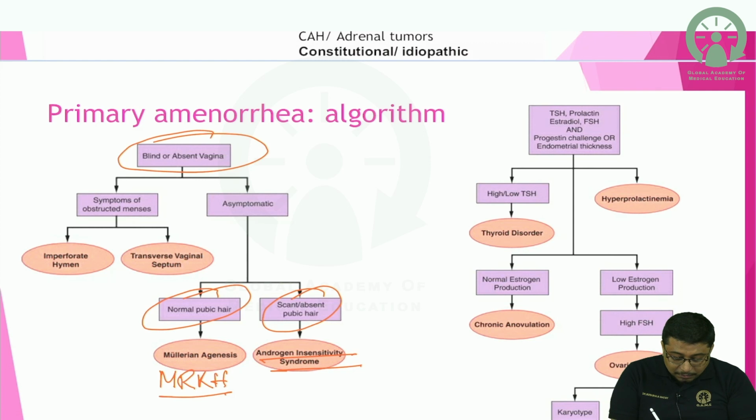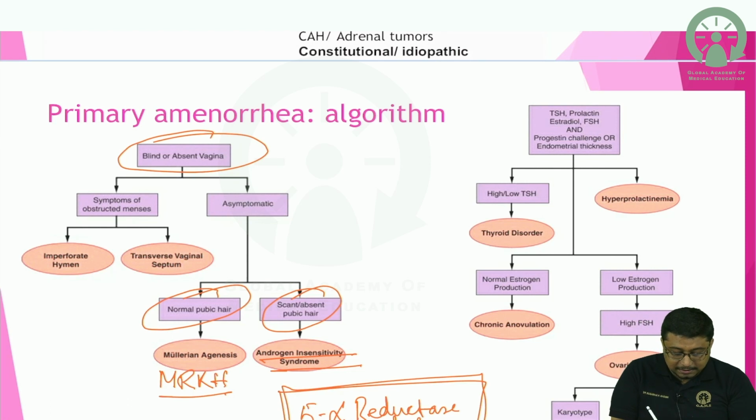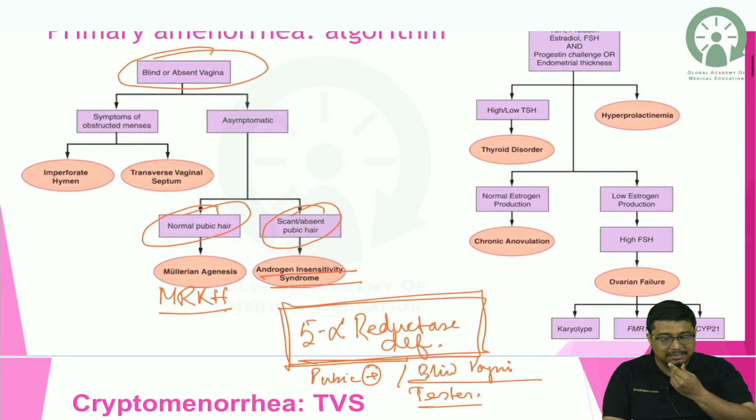And if she has scanty pubic hair and other male-like features, then it can be 5-alpha reductase deficiency. In 5-alpha reductase deficiency, pubic hair and all will be present, but it is not a blind vagina, and you will find testis instead of ovary. So this is 5-alpha reductase deficiency.